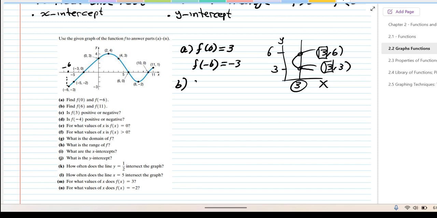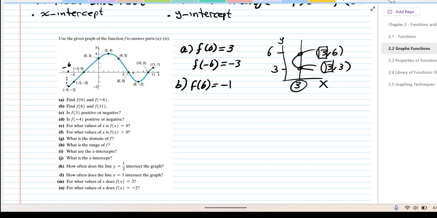In part B, find f at 6. Well, f at 6, this time you go to a positive 6 and you reach below until it touches the function, and judging from this one, I would say right here, negative 1. Let's agree on negative 1 being the value of the function.